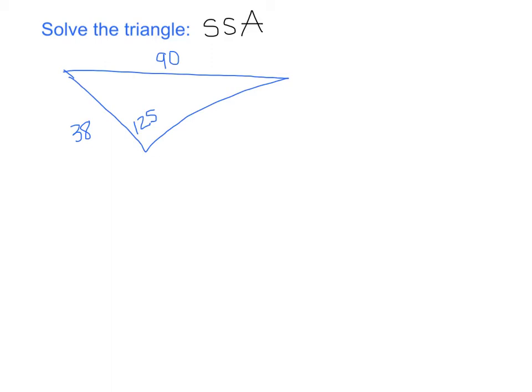So you may have two solutions, you may only have one solution, or you may have no solution at all. The way that you determine this is you're still going to label your triangle A, B, and C. And this will be little c and little b.